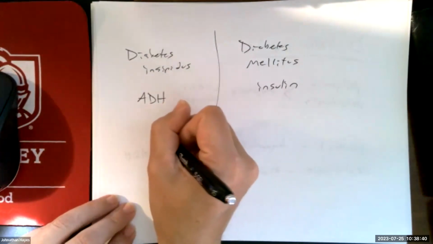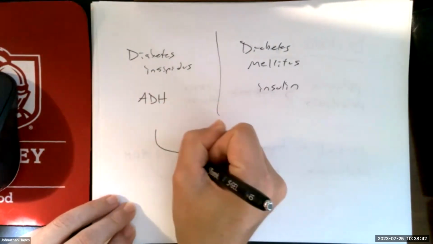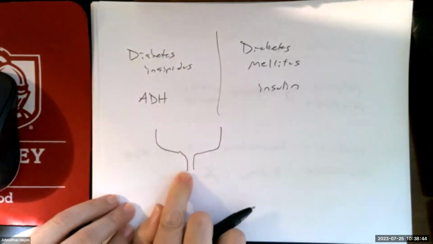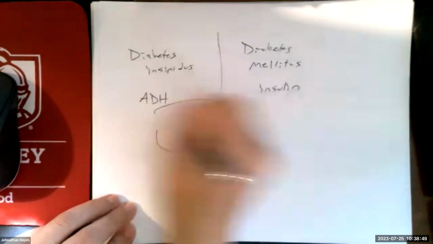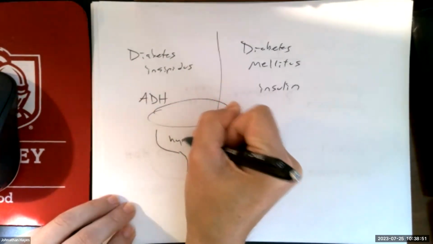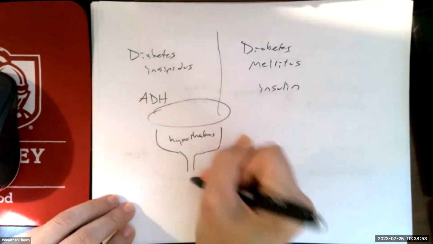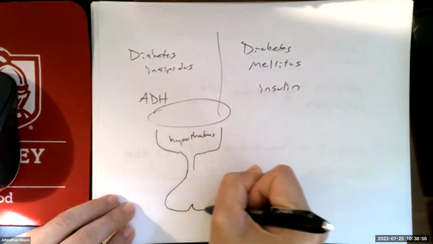In this case, if my hypothalamus is right here, and here's something called an infundibulum. It's basically just a little stalk right beneath your hypothalamus. So here's my thalamus, here's my hypothalamus, here's my infundibulum, and then here's your pituitary.